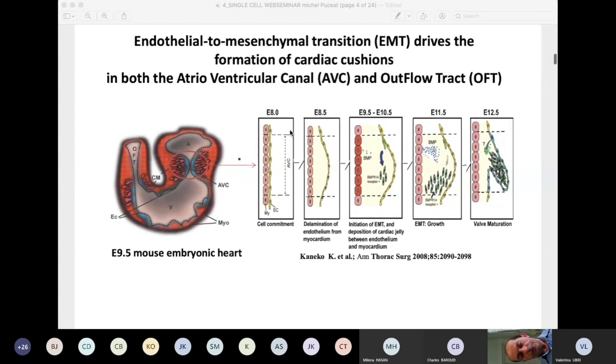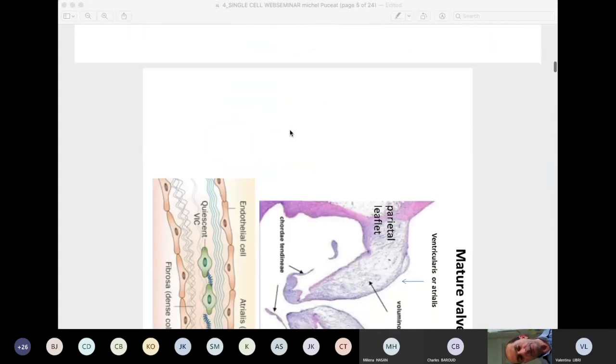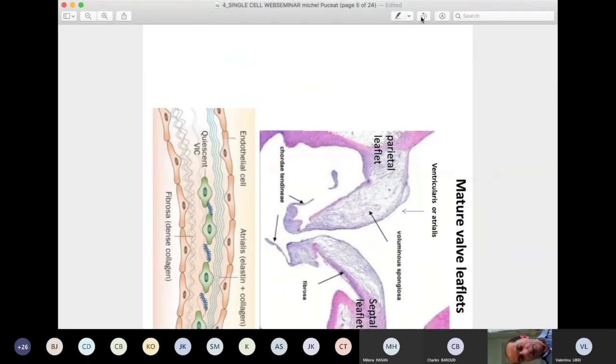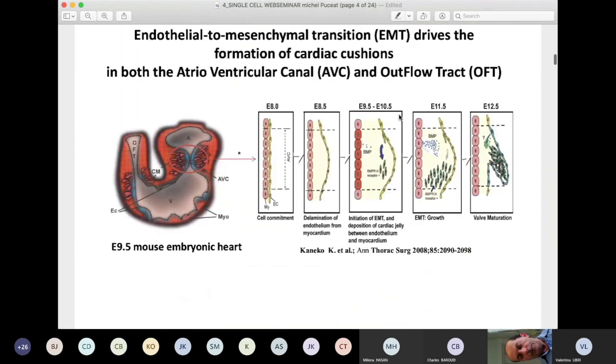But one of the basic questions that nobody could answer for decades is this: the endocardium is an endothelial layer, so why does an EMT process take place only in discrete regions, which you can see on the left in the AV canal, the atrioventricular canal, which is the canal just between the ventricle and the atrium, because at this stage there is only one ventricle and one atrium, and the other one is on the left part, the outflow tract, which is going to make the aorta later on.